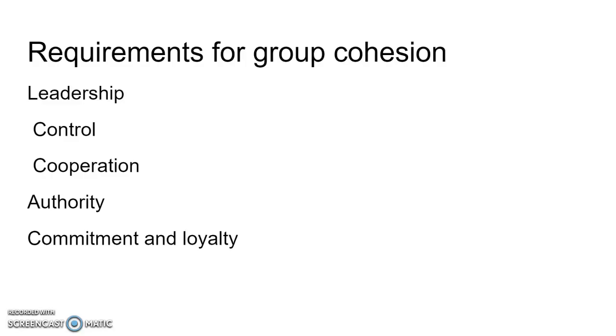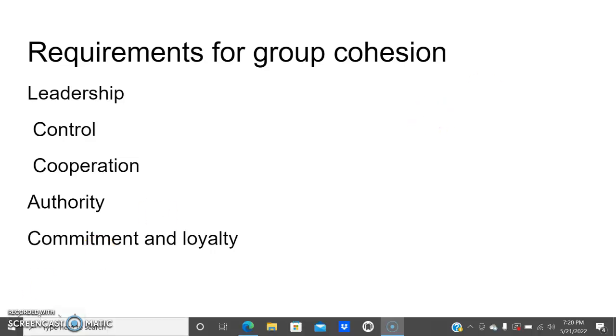right? Another requirement for group cohesion is cooperation. Can you imagine, right, that you are selected to be a part of a group that will be competing on the global stage? You're representing your country and you're selected to be a part of that group, right?